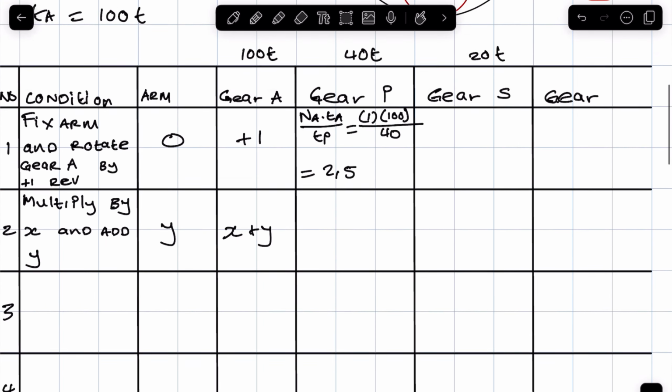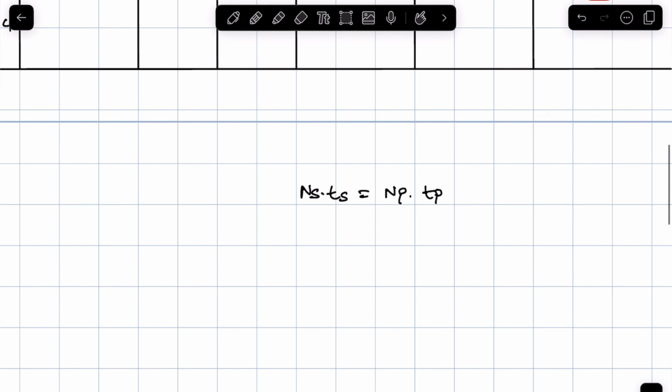So taking that into consideration, and also the fact that the planetary gear is rotating clockwise, the sun gear, since it is going in the opposite direction to the planetary gear, is going anti-clockwise.